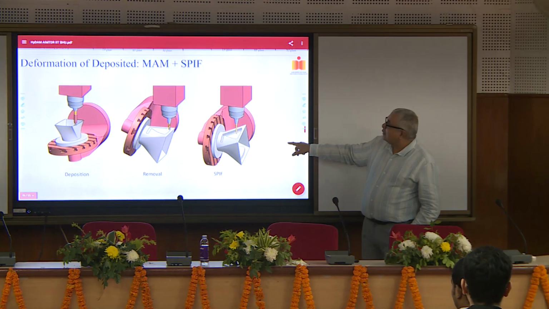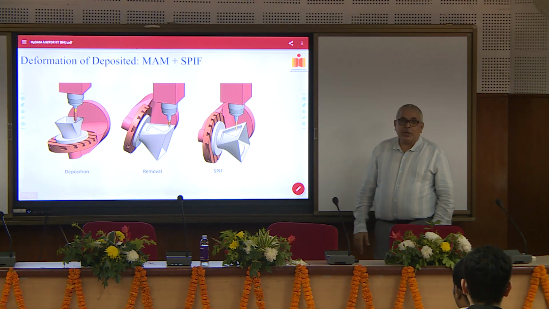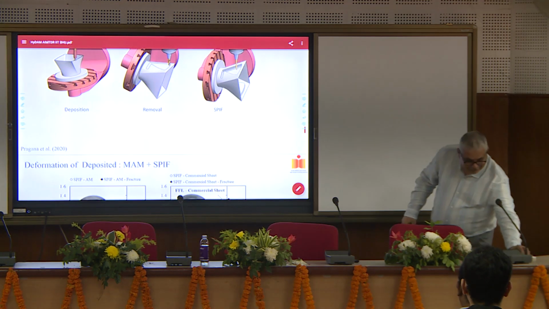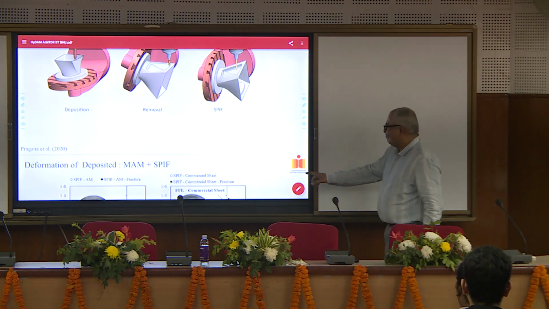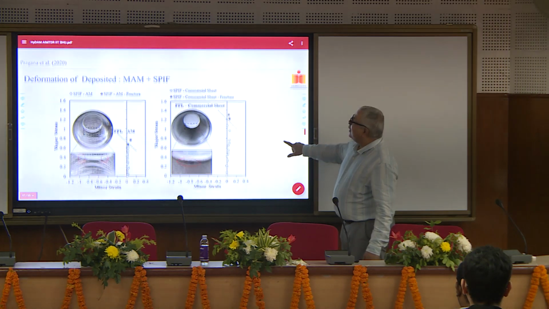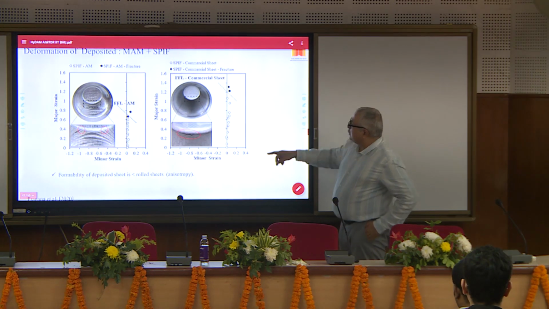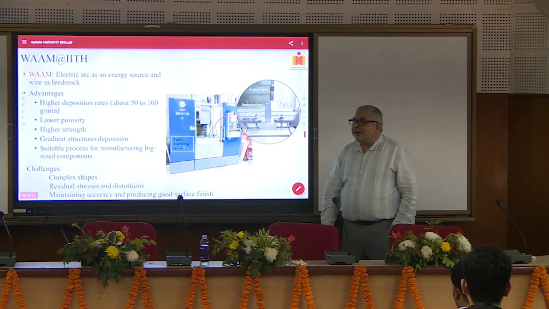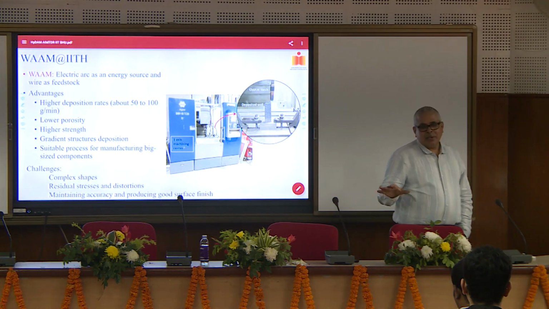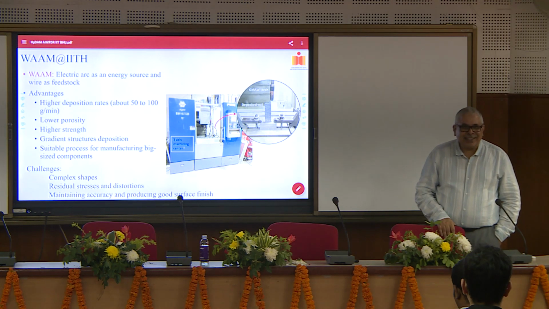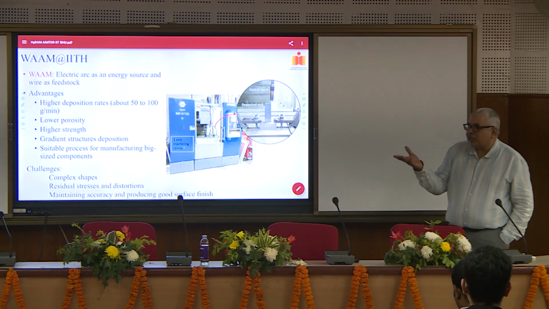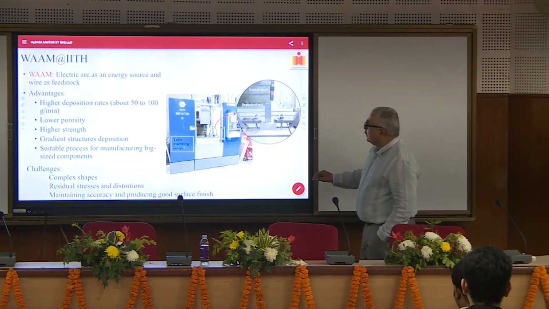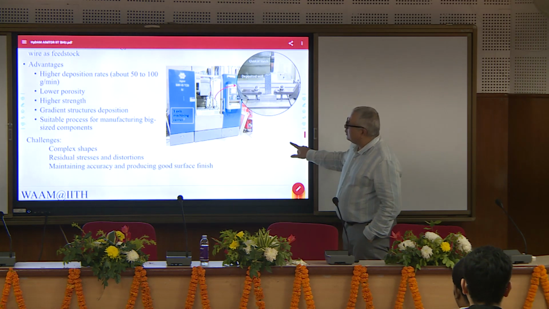Now you can clearly see single point incremental forming on the deposited components. Similarly, it applies on a variety of things where formability matters. IIT Hyderabad has plenty of additive manufacturing facilities, and we have a center of excellence in additive manufacturing and even advanced manufacturing.